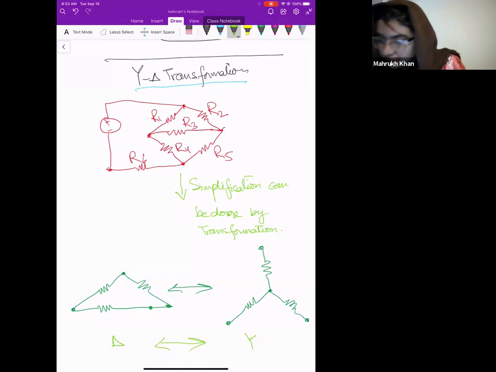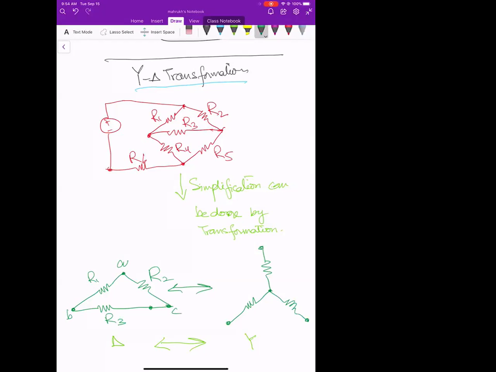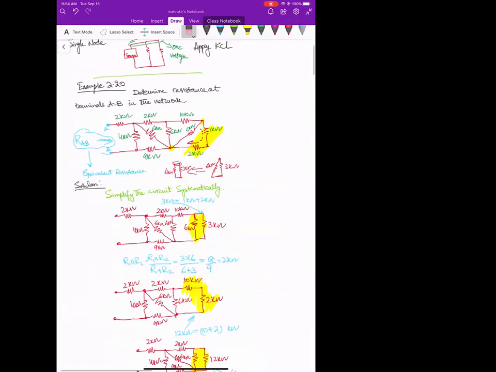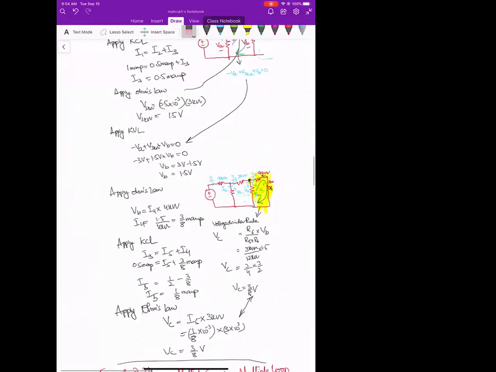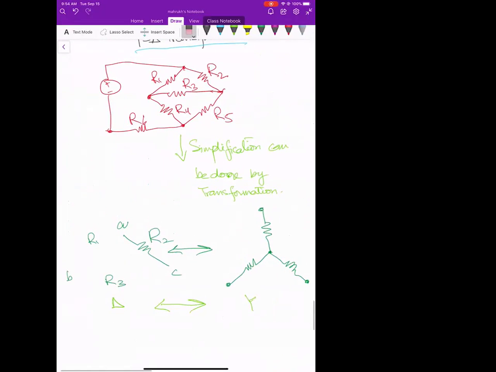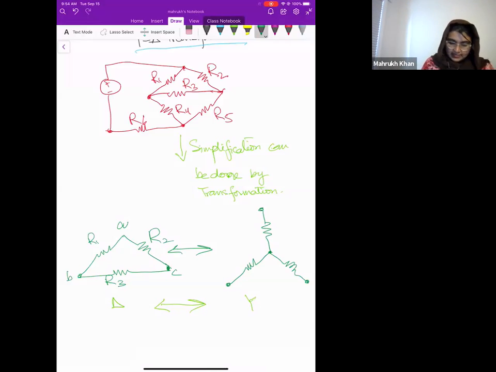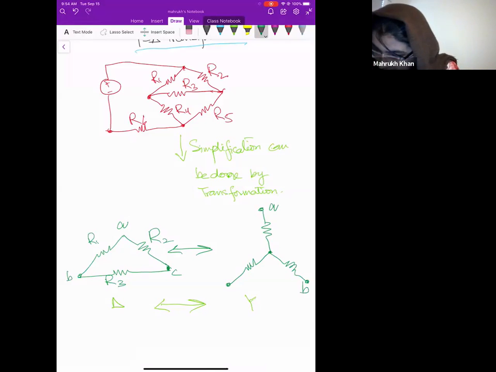So let's say this is R1, R2, R3, and this is your A, B, and C. Okay, so R1, R2, and R3, A, B, and C. So for the similar nodes A, B, and C, I will have resistors RA, RB, and RC.